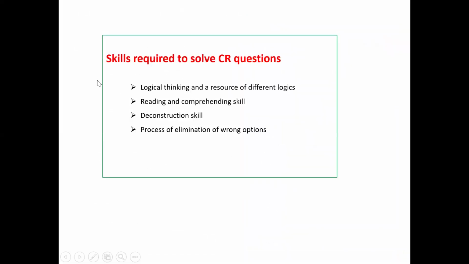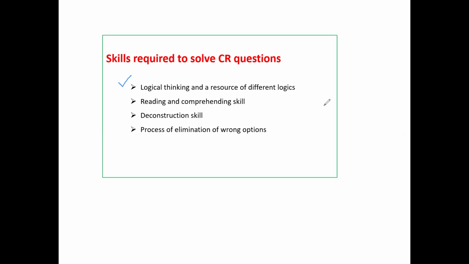So in order to master CR, you require these 4 skills, Aditi. The first skill is very good logical thinking and a resource of different logics. When you have them in your hand, you can apply them on a sample of questions and quickly find the correct answer.